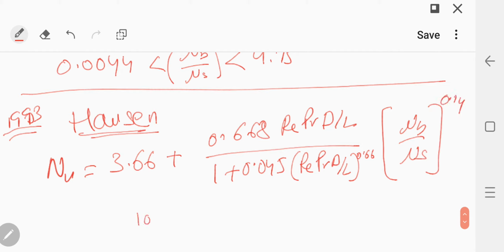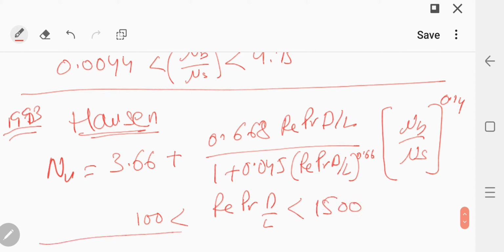Now this is valid for the condition that Reynolds Prandtl d by L is in the range of 100 to 1500. This was proposed by Hausen. Clear?